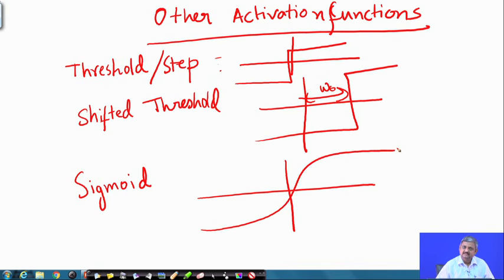It is like this, an approximation of that. Okay, so you can choose, but this is the most common. In fact, the original definition of perceptron meant this only.